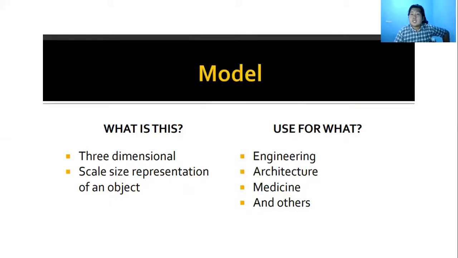So that is a model, a 3D representation of a house. And when do we use models? Engineering, of course, and architecture. We need those things in engineering, the models of houses, right?